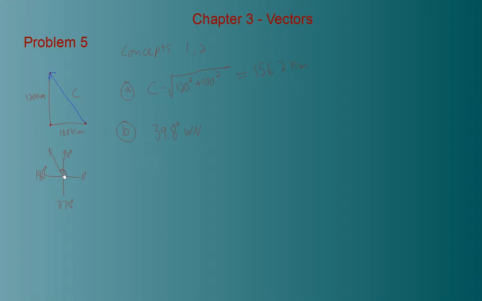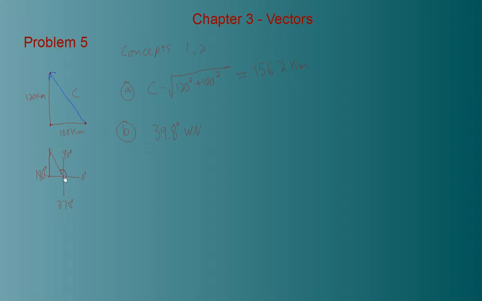So how do you figure out this angle? Well, to me, I see this triangle fitting in here. So this is C, 120 is up, and 100 kilometers is back and forth on the x-axis, right here.